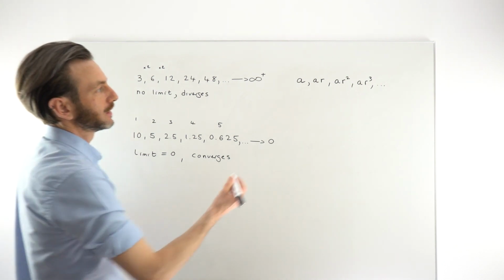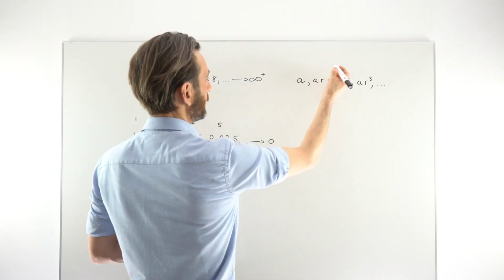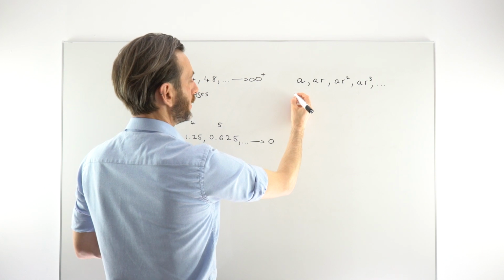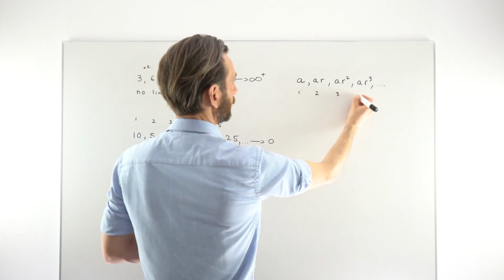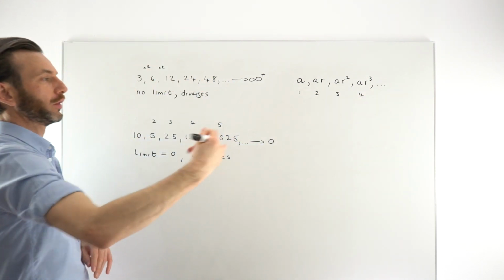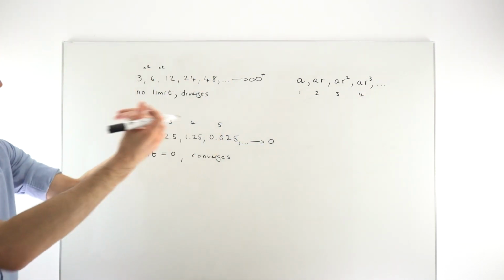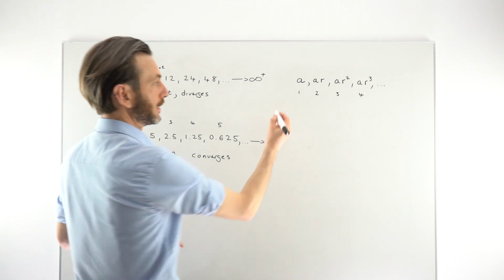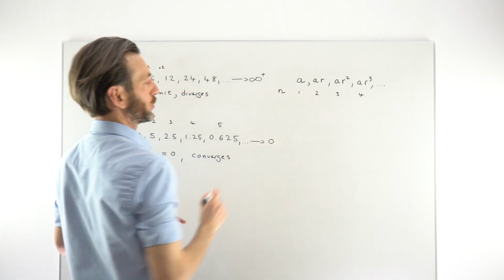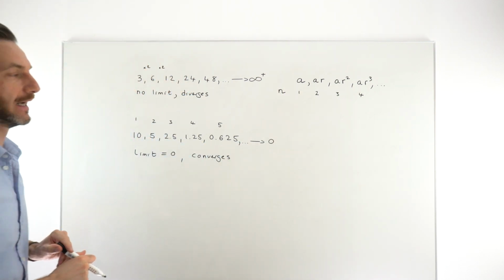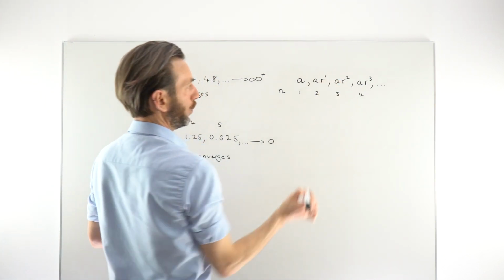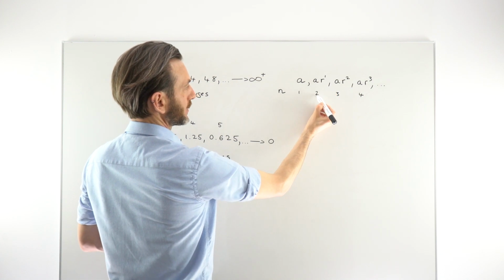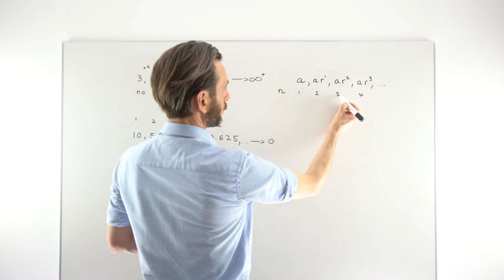Well, between each term, we're just multiplying by R. If we put on those placeholder numbers, we can see that the power on the R is always going to be 1 less than the placeholder number. If we call the placeholder number n, which is how we normally notate it, then this is a power of 1, which is 1 less than 2. This is a power of 2, which is 1 less than 3.